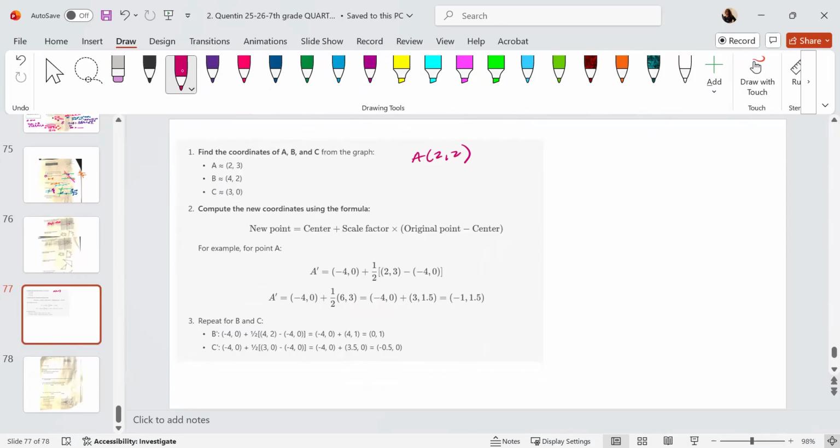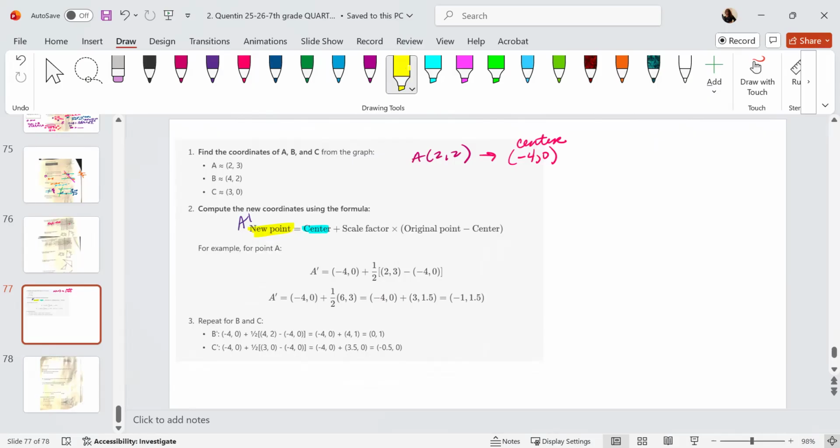So if it has to be dilated from a fixed point, the new point is going to be A prime, correct? These are the steps. You ready? Take the center. What's the center of the fixed point? Wasn't it negative 4, 0? Yeah, take the center, negative 4, 0.